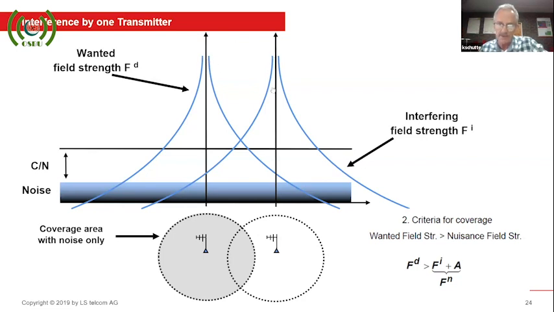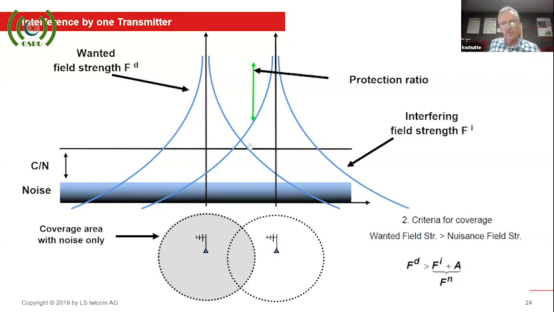This can also obviously represent two countries, where the one transmitter is in one country and the other one in a different country, and the protection ratio will be defined in accordance with the relationship between the two frequencies. So we've got one transmitter there, we've got another transmitter some distance away, and now we can see that there must be some effect, because we can see at some points the signal strength from the wanted transmitter is higher than the other, and in other cases it's lower than the other.